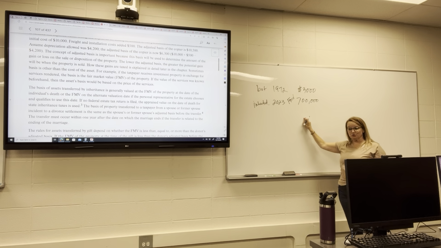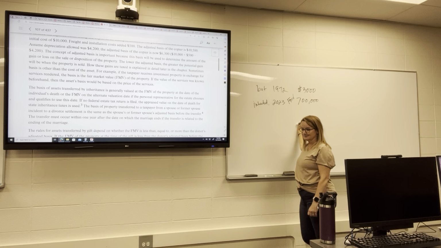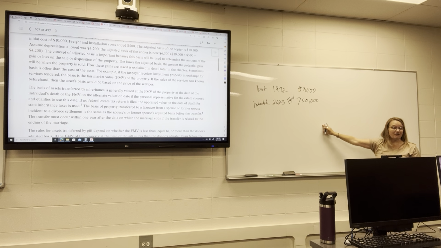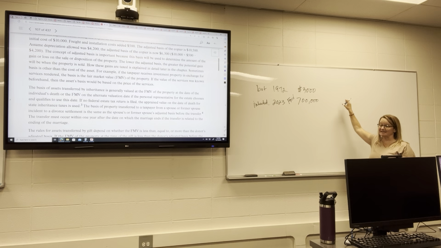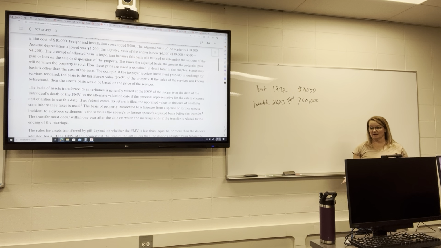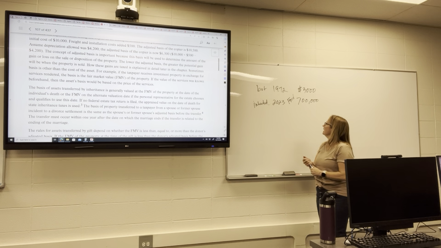If grandma had sold that house before she died for $700,000, she would have a gain of $697,000 that she would have to pay tax on, depending upon the type of property it was. If it was her personal residence, she still would have to pay some tax on it.